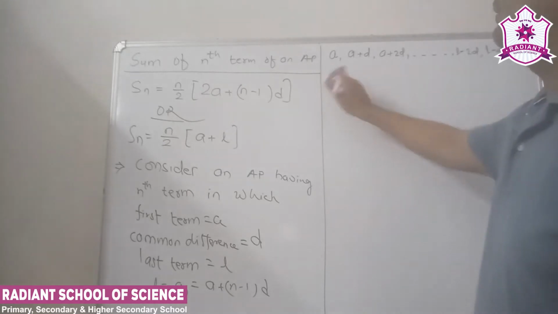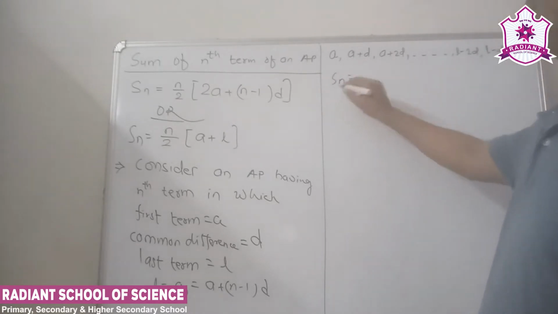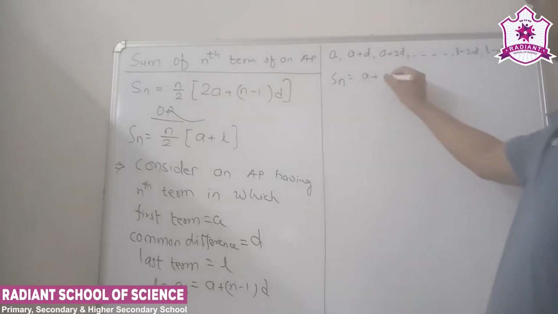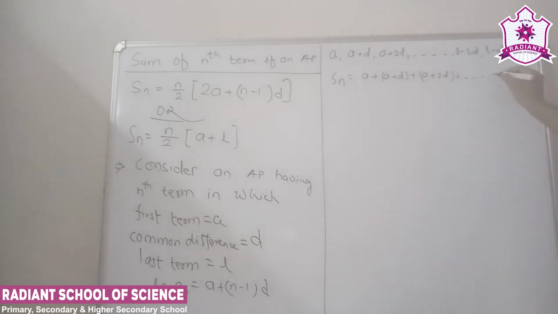Now the sum of all the terms, Sn, is equal to a plus (a plus d) plus (a plus 2d) plus up to (l minus 2d) plus (l minus d) plus l. It is denoted by equation number 1.